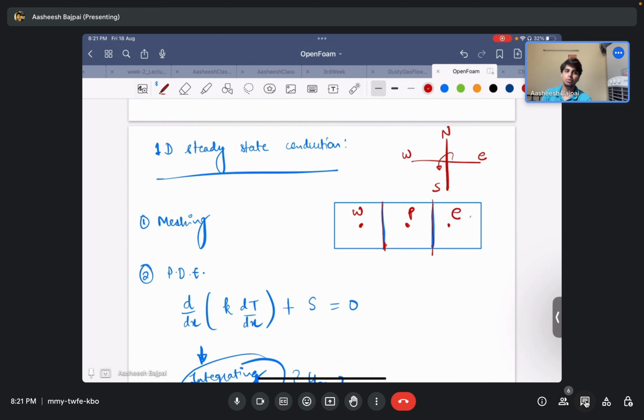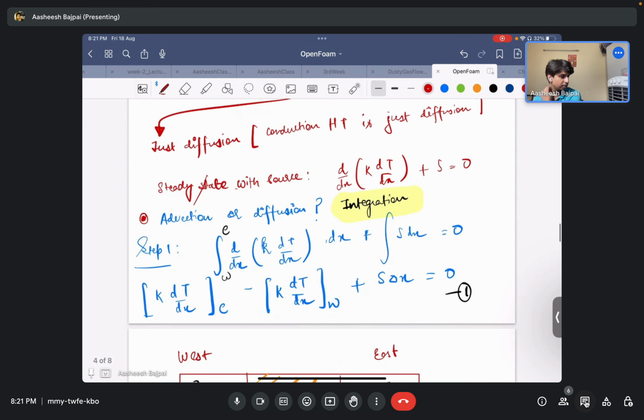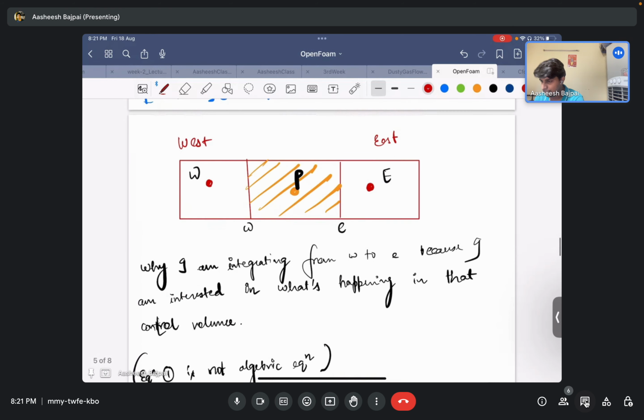So when I am moving from west to east, then I will integrate from west to east. So that's why I have integrated from west to east.